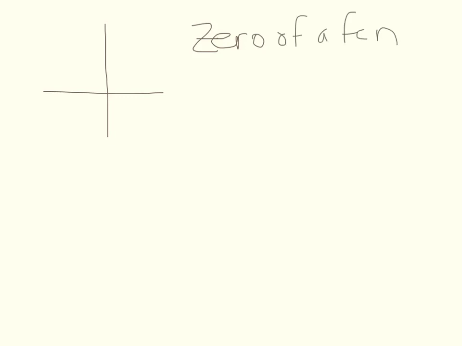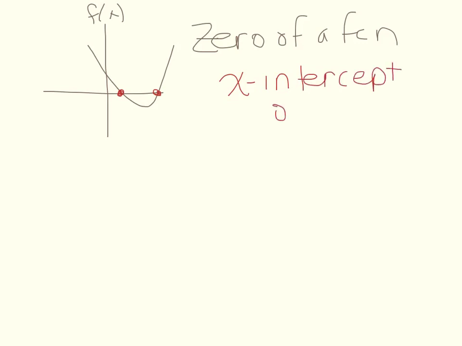But you'll remember, I want to keep going back to this zero of a function. If y and f of x are fairly interchangeable, then if we graph a quadratic like so, what's interesting here is when the function is 0, the y values are 0, right? And what is that but the x-intercept of the graph?